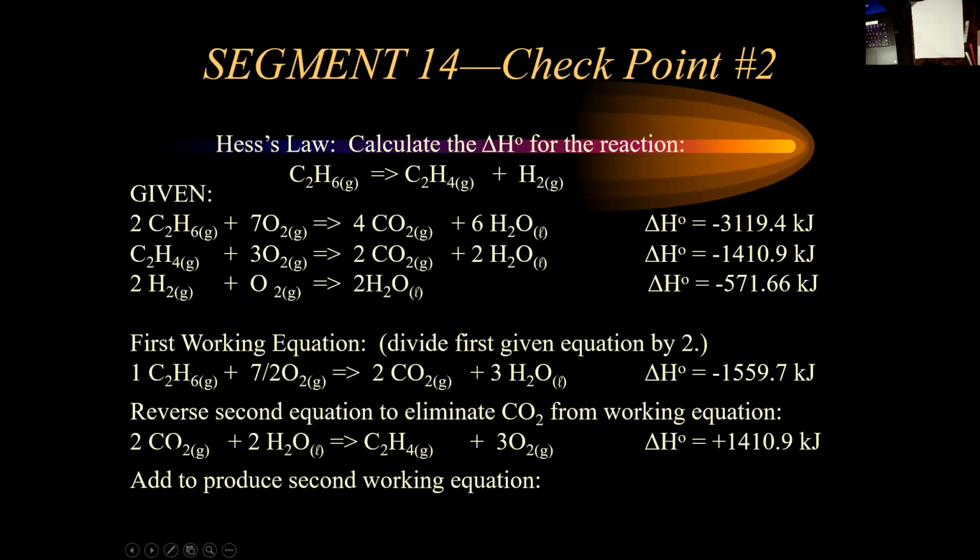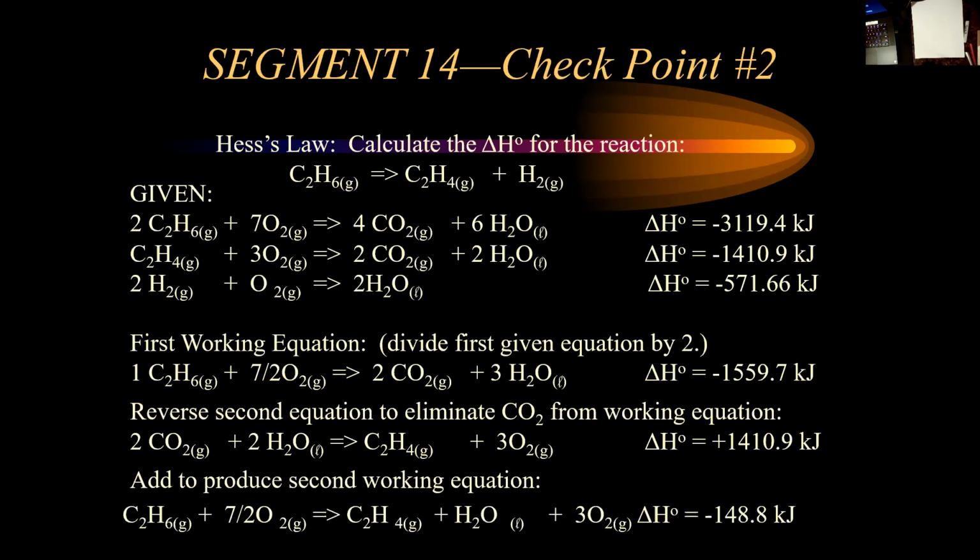So I add these together to produce my second working equation. So now what I've done is add these 2 together. The 2 CO2s from the second equation have been reversed. That's why the sign was positive. And then the 2 CO2s from this one cancel the 2 CO2s from this one. Add together, you get this one.